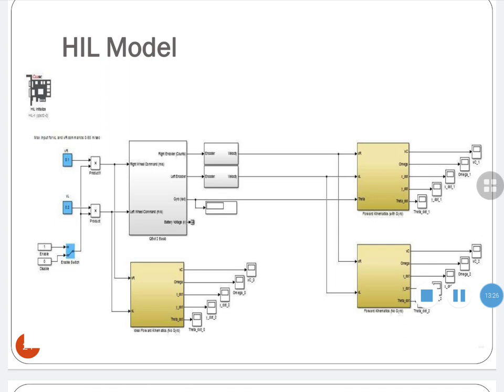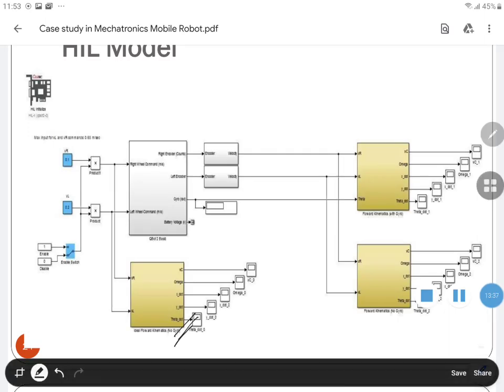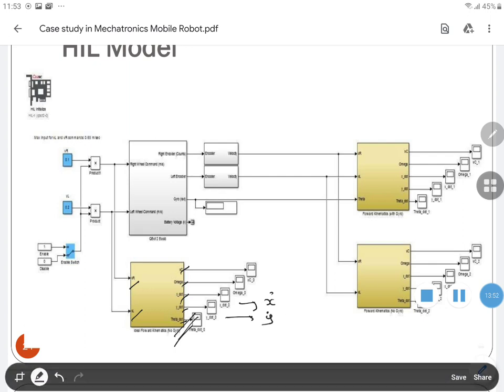So basically, in forward kinematics, in this step, the kinematics of the robot will be VR and VL given as input, and VC and omega will be calculated. X dot, Y dot, and theta dot will be calculated.